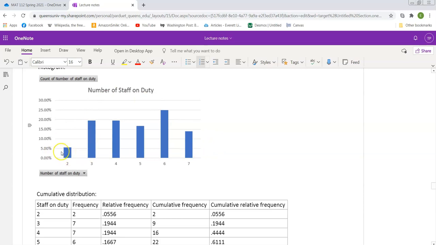And you can see here that it looks like most of the time, or more often than not, there were 6 people in the store, followed by 3 and 4, and then 5 and then 7, and then there were only a couple days where there were 2.